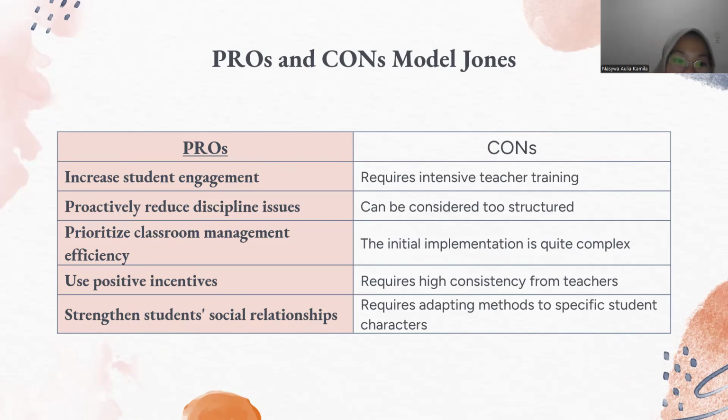And then it uses positive incentives, while the con is that it requires high consistency from teachers. And the last pro is that it strengthens students' social relationships, while the con is that it requires adapting methods to specific student characters.